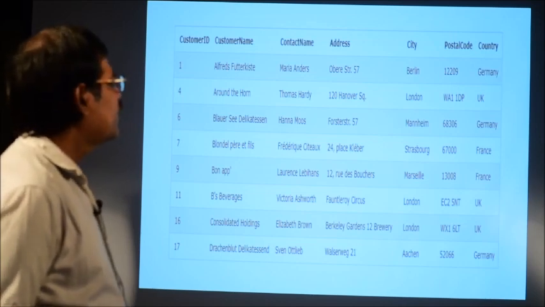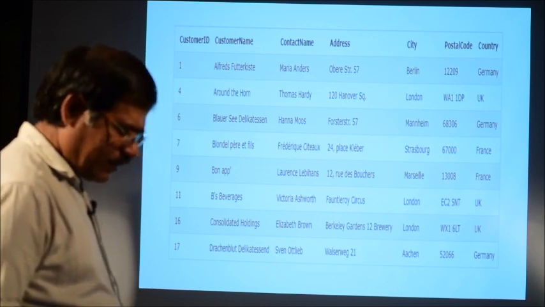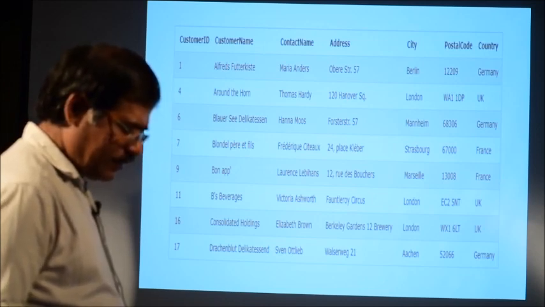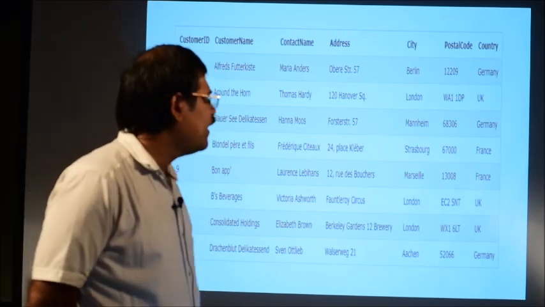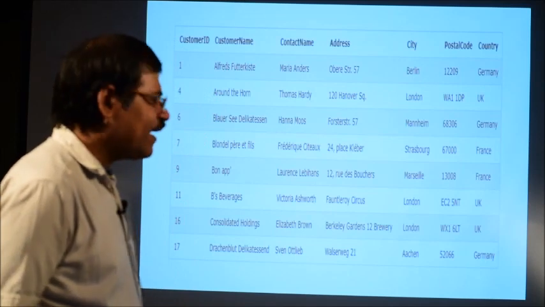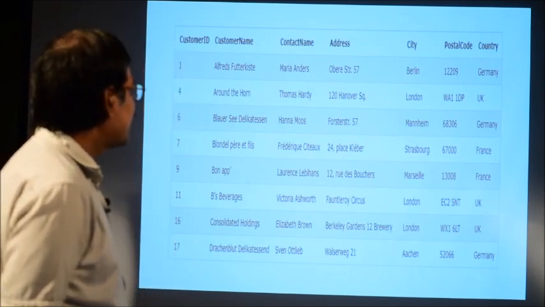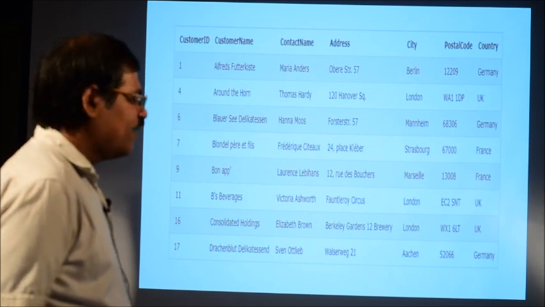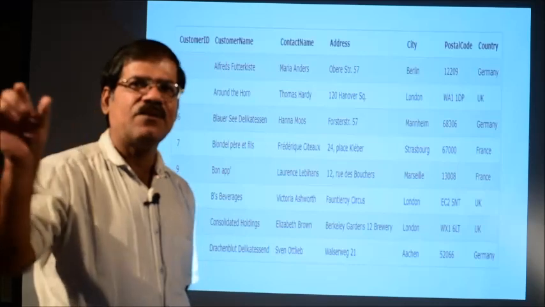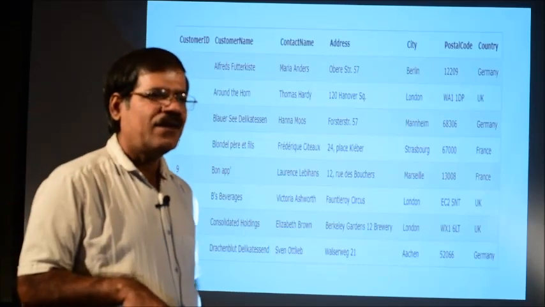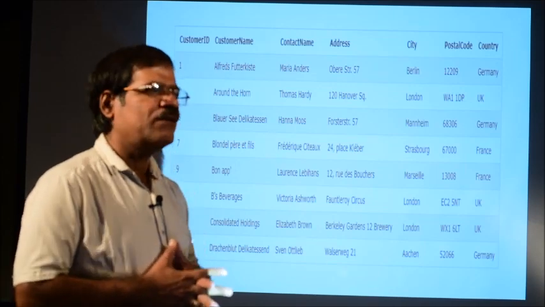But with the statement you wrote, where the country name is Germany, UK or France, only those records will be selected. So what are the multiple values? Multiple countries. I am selecting the records from multiple countries.